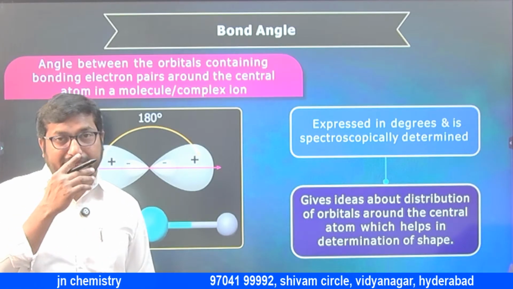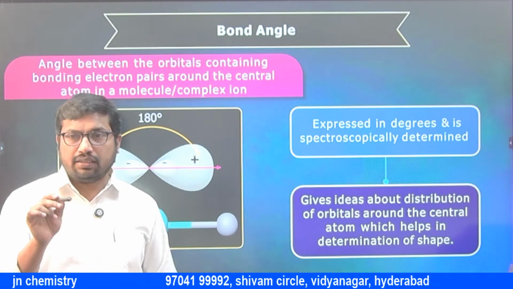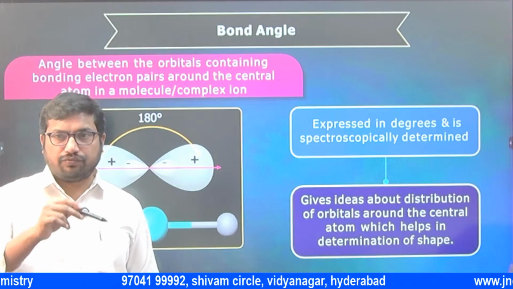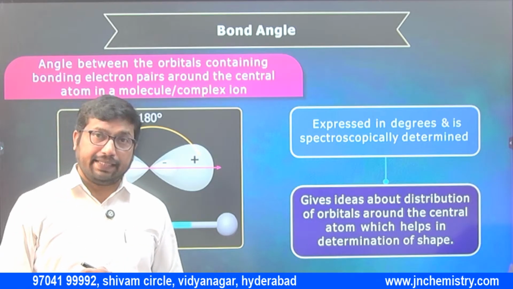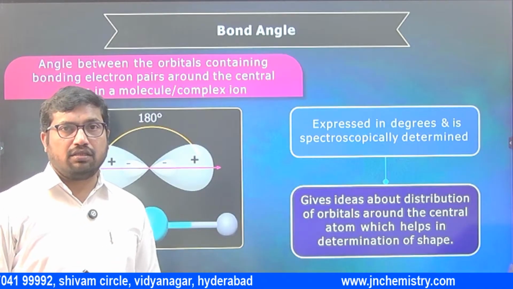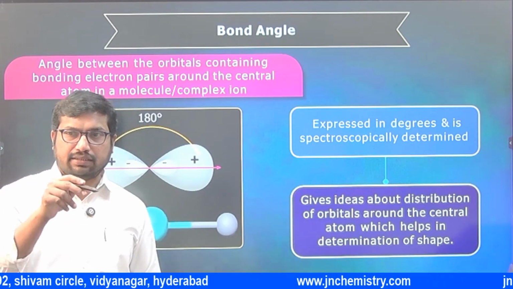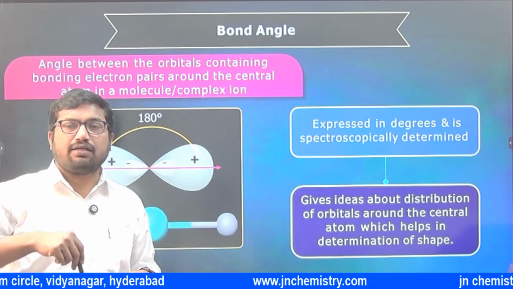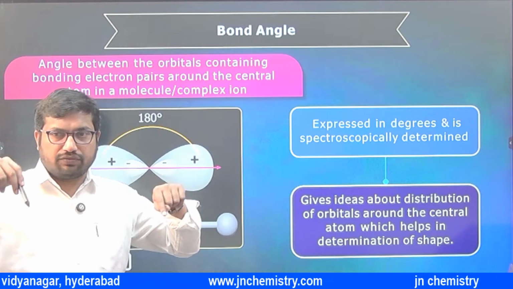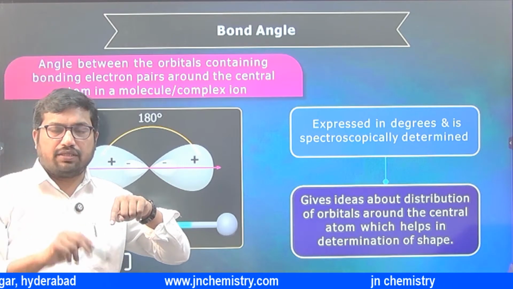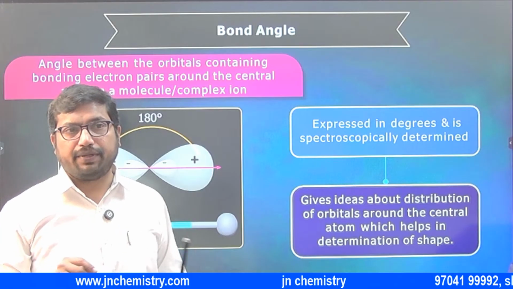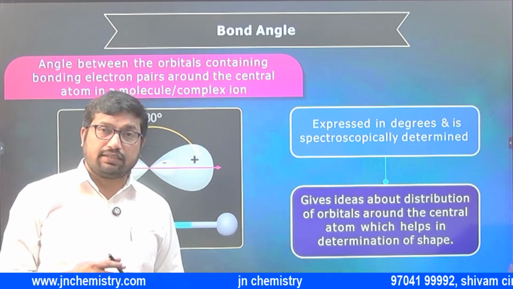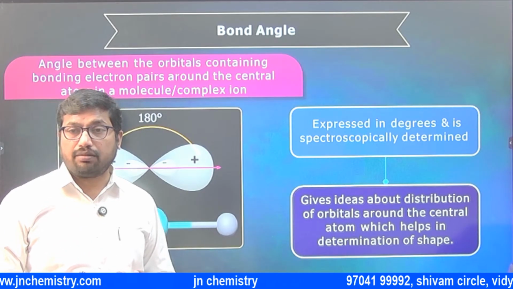SP3D trigonal bipyramidal shape, 120 and 90. And SP3D2 octahedral, so there is only 90 degrees. Square planar, I mean octahedral: the first one is square, and one above and one below. And SP3D3 pentagonal bipyramidal. So what is our bond angle in pentagonal bipyramidal without lone pairs?